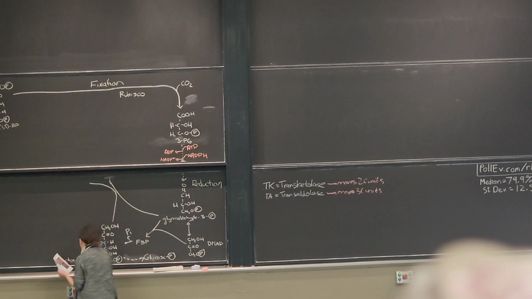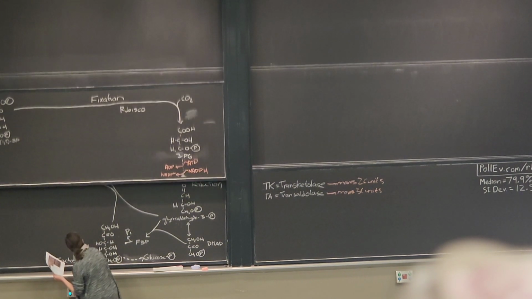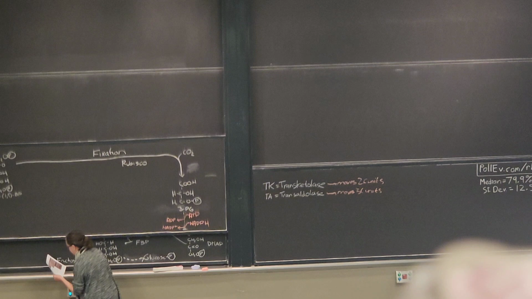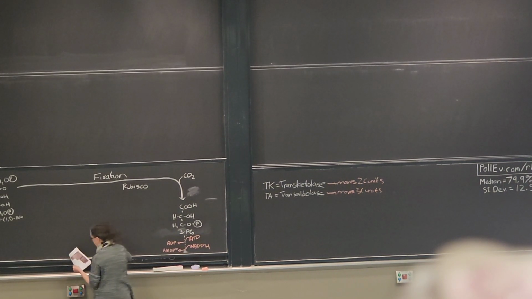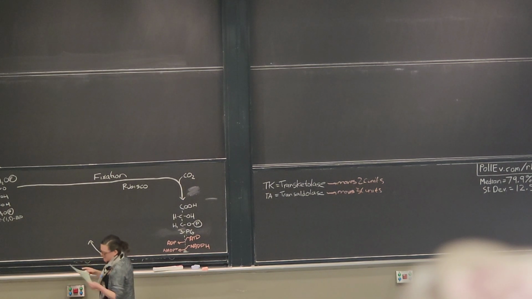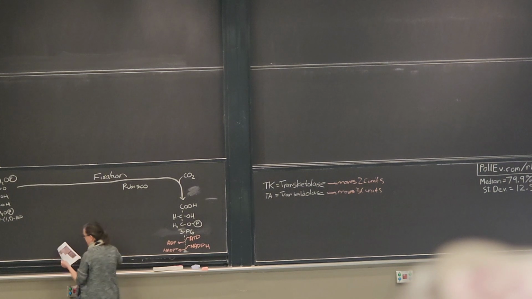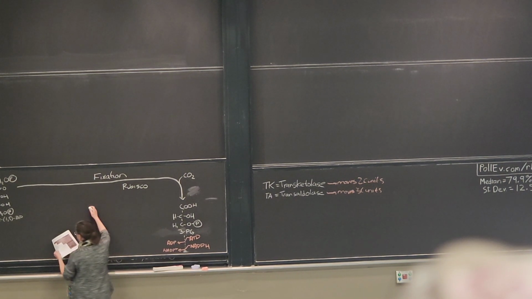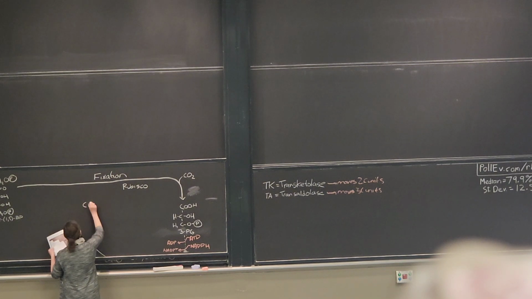we're going to make a 4-carbon sugar, and we're going to make another 5-carbon sugar. So the 5-carbon sugar that we're going to make is called xylulose 5-phosphate. I'm going to draw it here for you now.